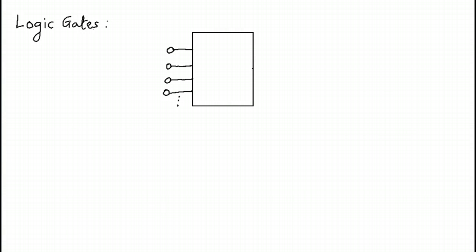Remember, a logic gate is an electronic circuit which can have one or more than one input terminals, but it always has exactly one output terminal. Also remember that each input can be either 1 or 0.